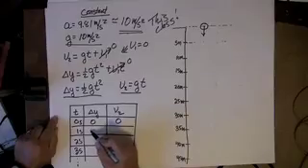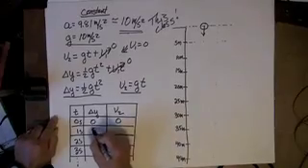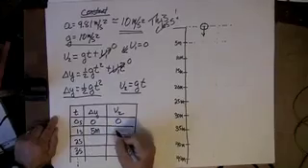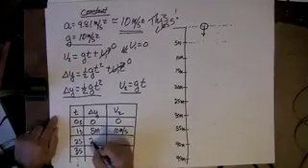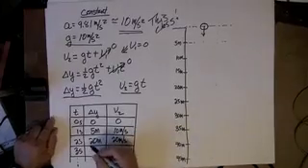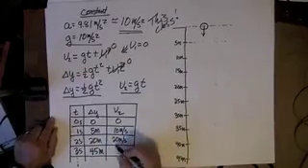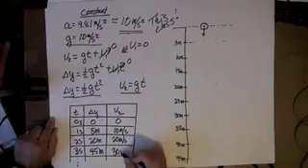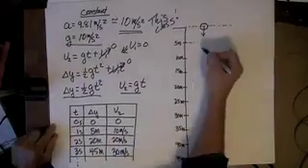Then at 1 second, we'll be at 5 meters, and our velocity will be 10 meters per second. At 2 seconds, we'll be down 20 meters, and our speed will be 20 meters per second. And at 3 seconds, we'll be down 45 meters, and we'll be going 30 meters per second. We could keep on going with that, but that's enough.